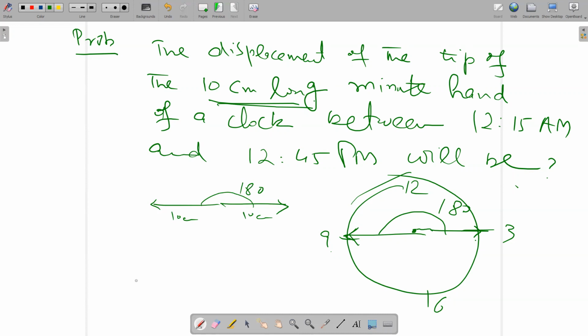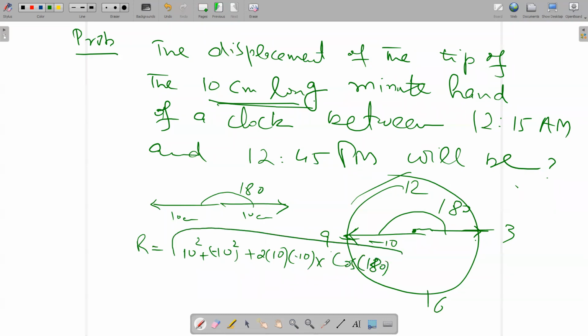Now you want to find the resultant distance. So what you will do? You will apply the formula, 10 square plus 10 square. Actually, this is not a 10, it is displacement, it is in the negative direction. So if I take it negative, the answer will be positive. But here you will do 2 into 10 into minus 10 into cos of 180 degrees, and under root.